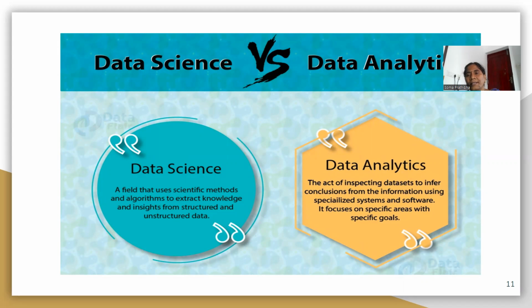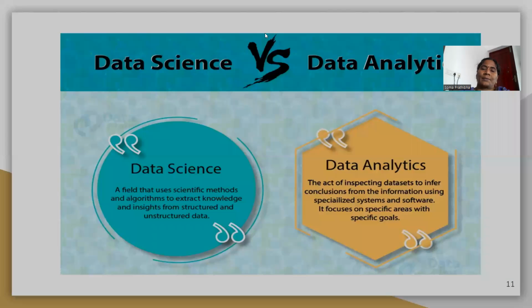Whereas analytics deals with inspecting a data set to identify the knowledge that is available, which will be helpful for the business to improve their sales or improve their services.